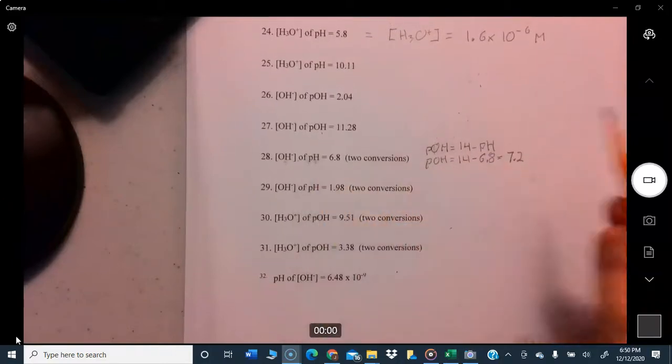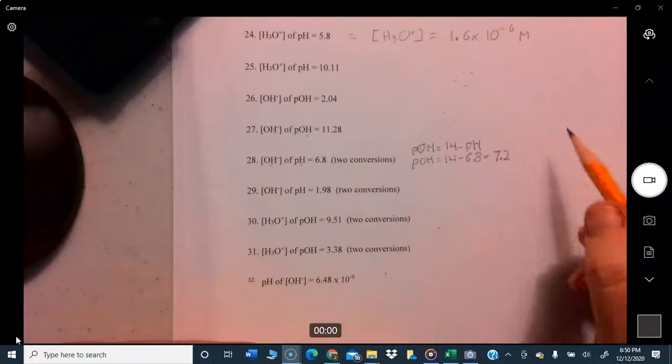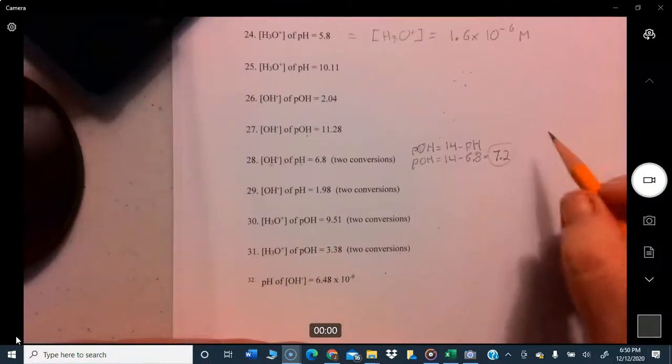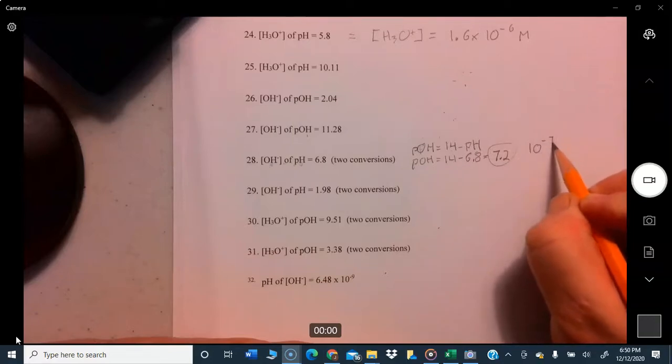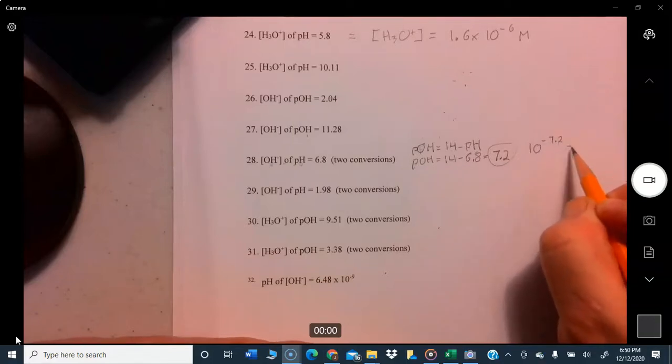Now you need to get from pOH to OH concentration. There's pOH, so that's going to be 10 raised to the negative 7.2.